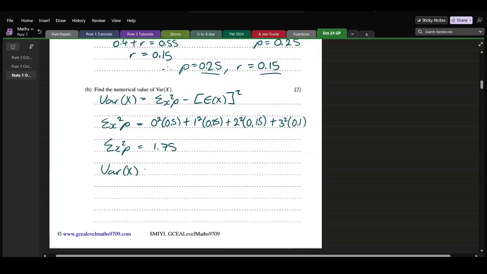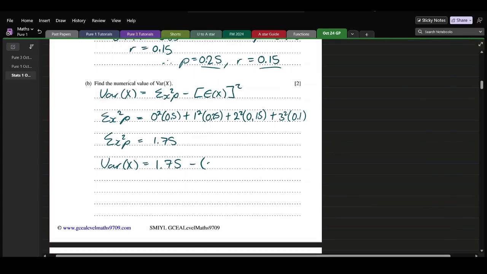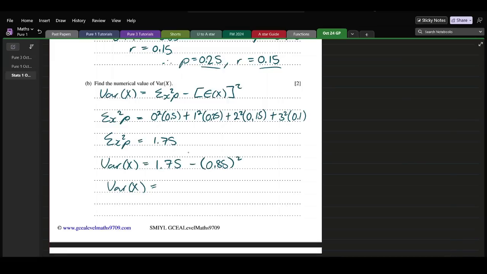Var of x is equal to 1.75 minus our expectation, which is 0.85, so minus 0.85 squared. Let's punch that into the calculator, 1.75 minus 0.85 squared, and this gives us 1.03, and that's our final answer.